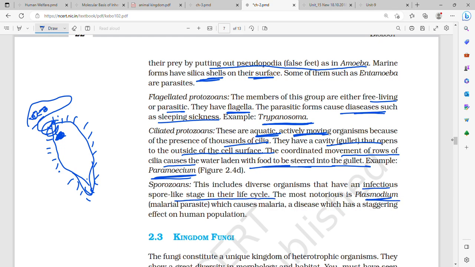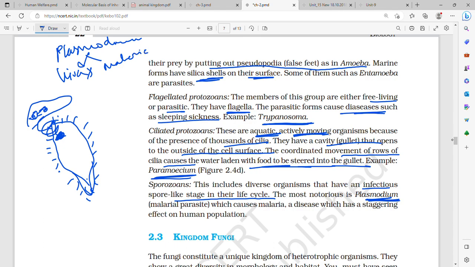The most notorious is plasmodium. There are four variants of plasmodium. Do you know the four variants? The most common one, which happens to everyone, is Plasmodium vivax. Then there is Plasmodium malariae.